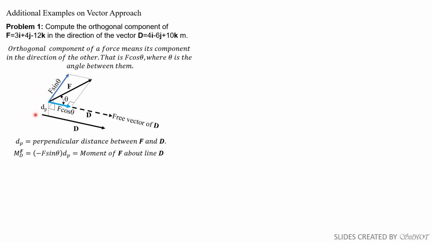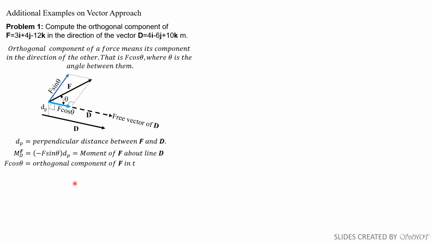But because F sine theta is in the opposite sense, the moment is negative. So that's why we have negative F sine theta times d sub t. Of course, this magnitude is also negative in the actual, so that we can compute d sub t to be positive. Now, as I said, this will be discussed in the last part of the problem.